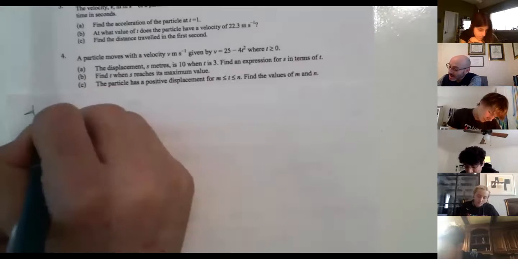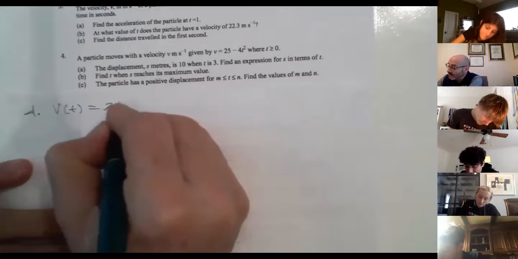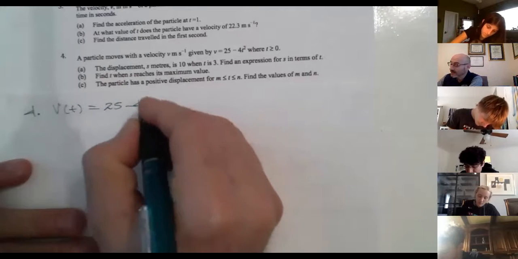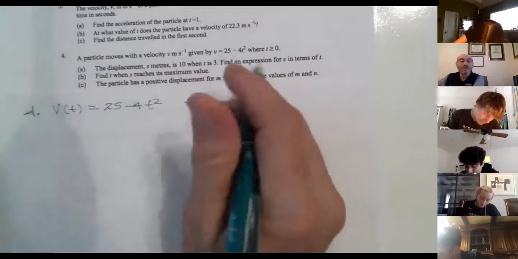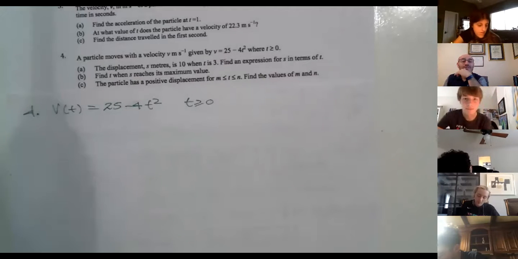All right, number 4. It says the particle moves with a velocity in meters per second given by that equation. So now we have the velocity is 25 minus 4t squared, for t greater than 0. It says A, the displacement s meters is 10 when the time is 3.